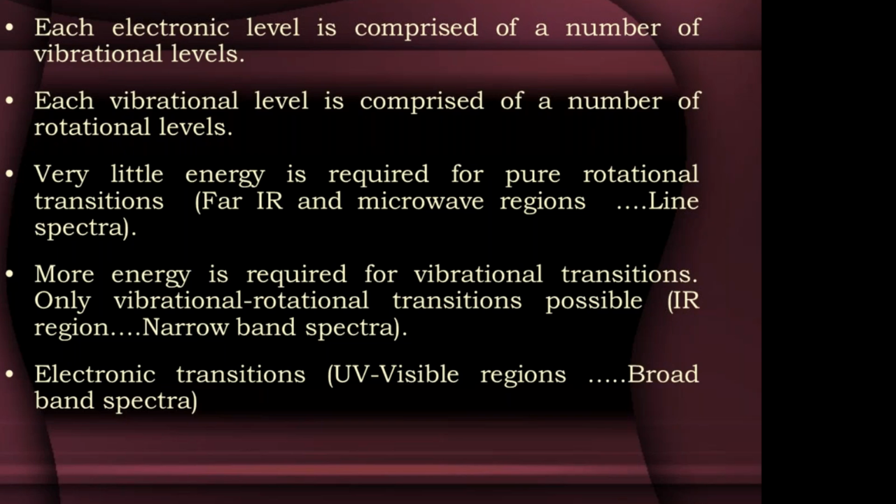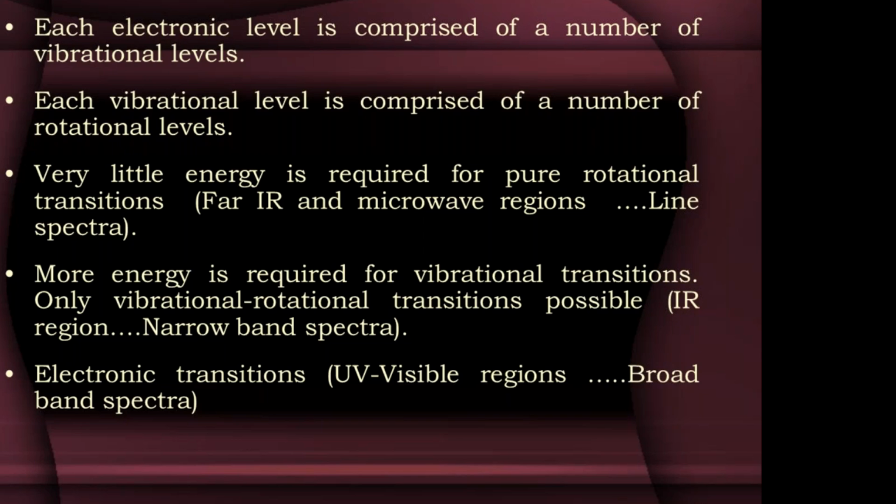This occurs in the far IR and microwave regions, and they also result in line spectra. I will show you pictures of all this. Also, atomic spectra are line spectra.